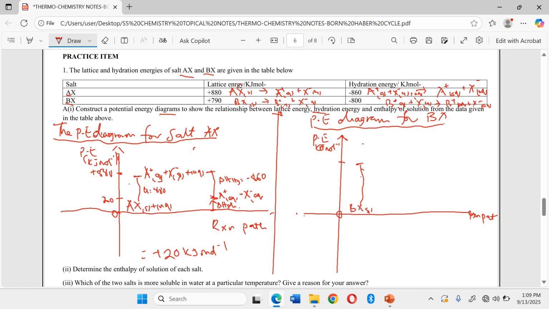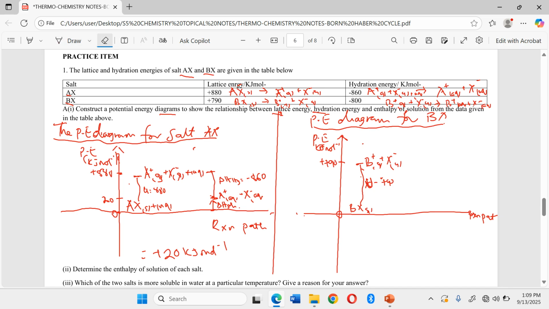It is positive 790, and here we have B positive gaseous plus X negative gaseous. We said this is the lattice energy, which you can symbolize as U, and it is positive 790.